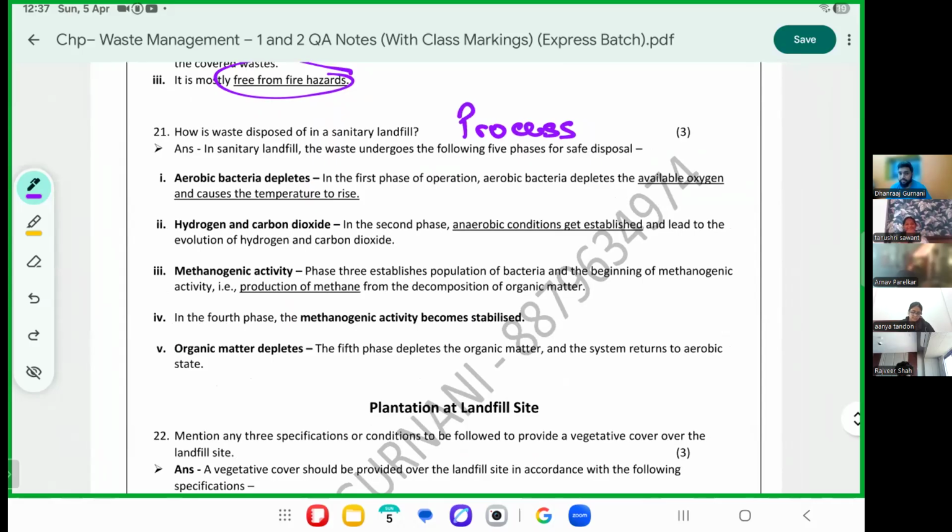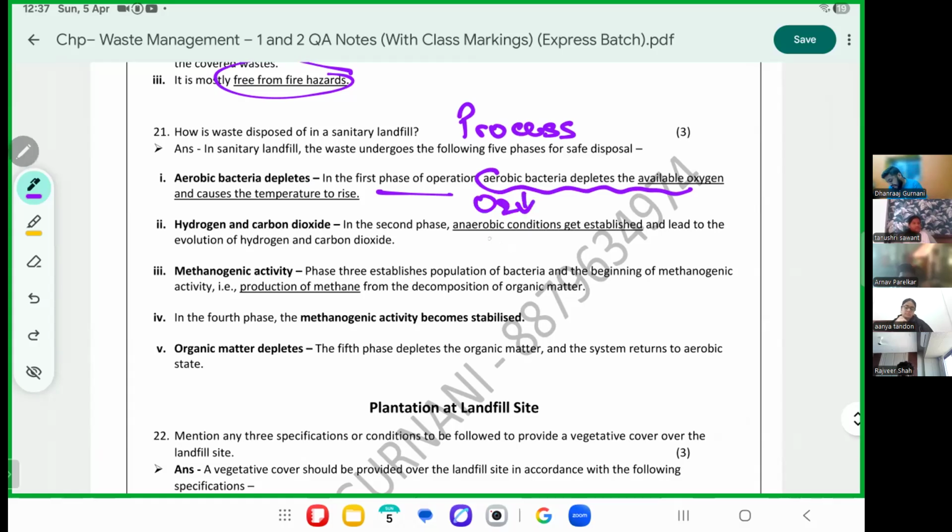In the first phase, once you dump the waste inside, aerobic bacteria deplete the oxygen. Remember the candle example from childhood: put a glass over a candle, it burns for some time because it consumes the oxygen. The waste consumes the oxygen. Oxygen levels go down. Please write there: O2 goes down.